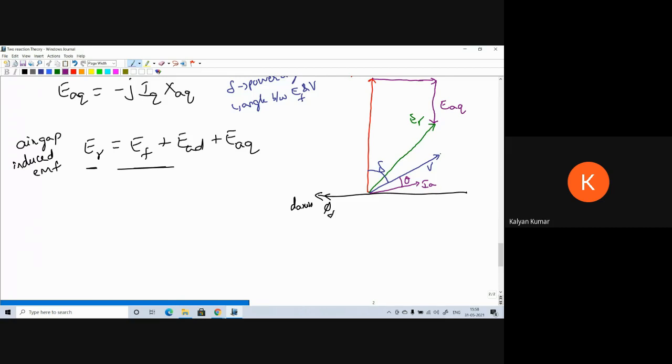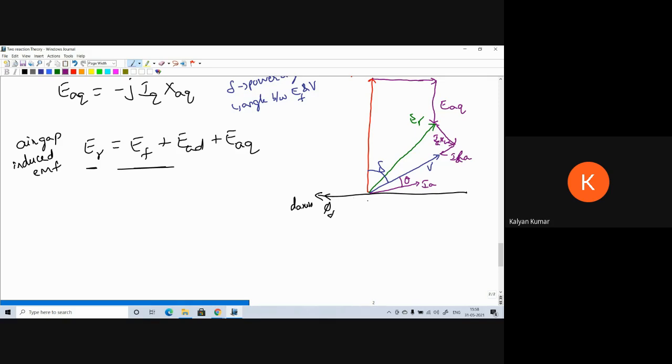Parallel to Ia, we will have the armature resistance drop. Perpendicular to that, we are going to have the leakage reactance drop. So this one will become Ia XL drop and this one will become Ia Ra drop.